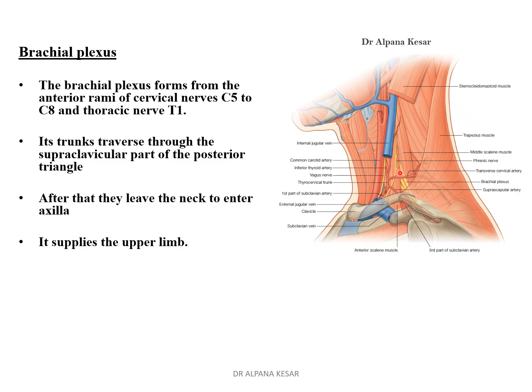The brachial plexus traverses through the supraclavicular part of the posterior triangle, and then it leaves the posterior triangle to enter the axilla. Brachial plexus supplies the upper limb, both the skin and the muscles of the upper limb.